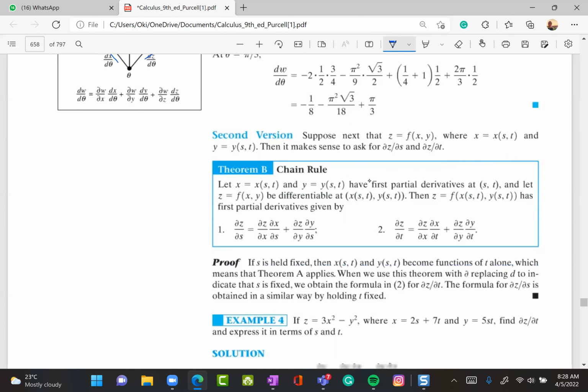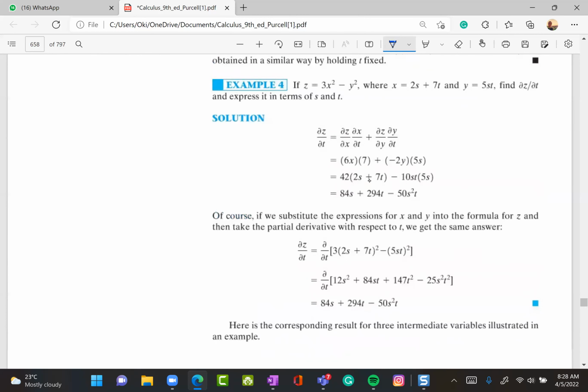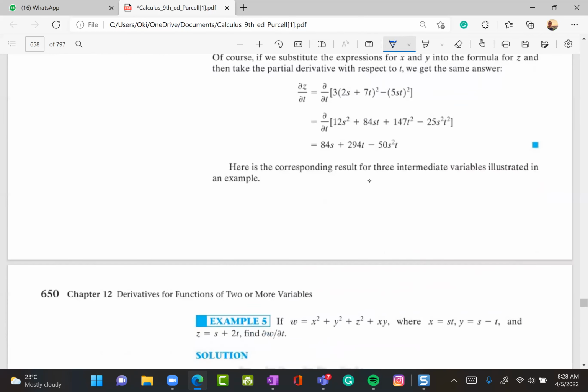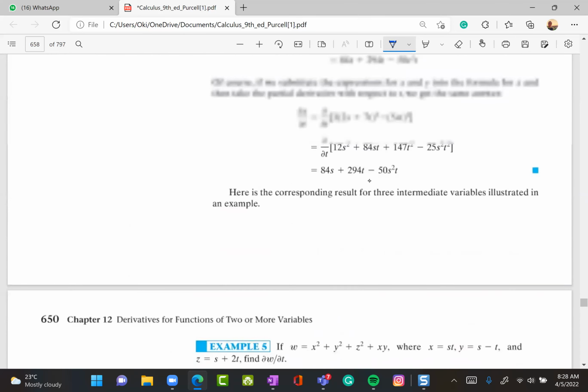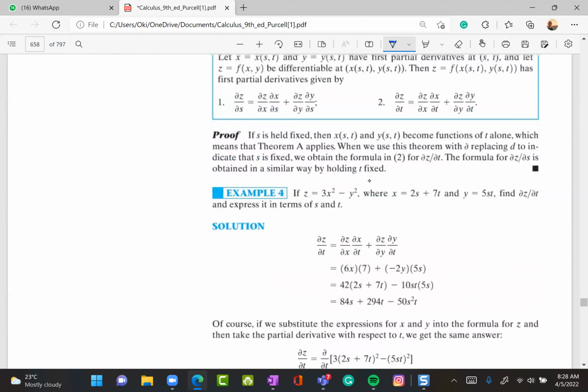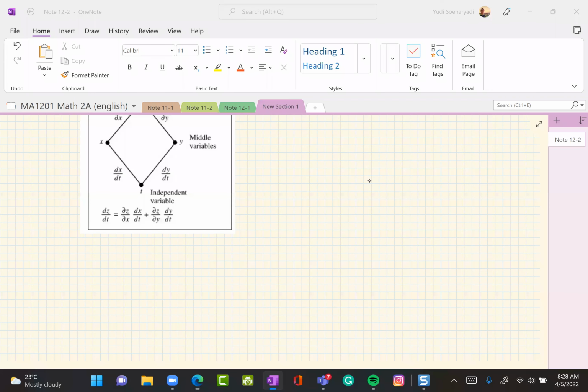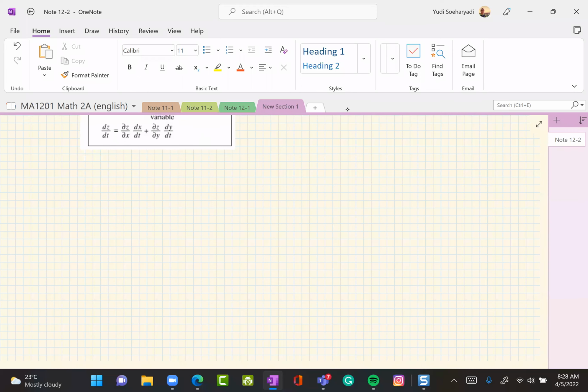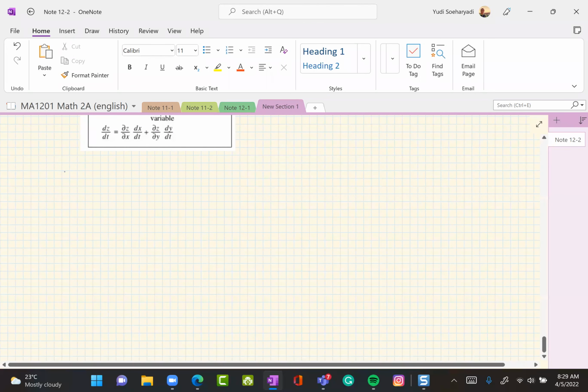So the schematic is the diagram. Let's note the case of more than two variables.